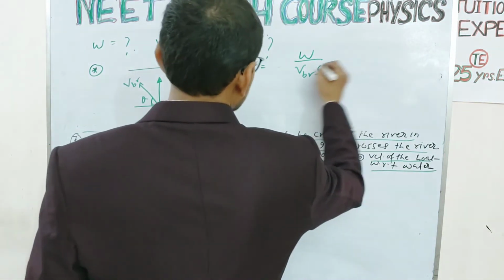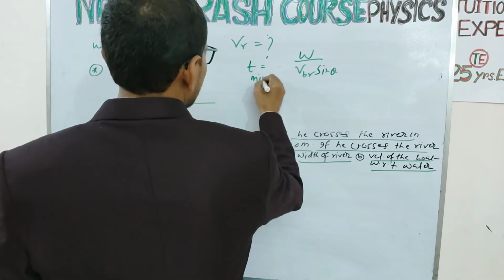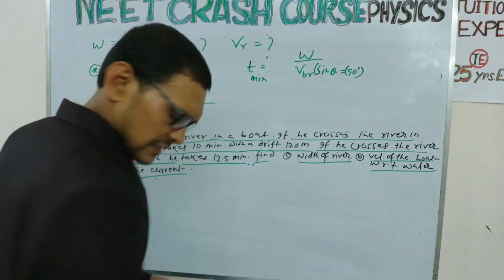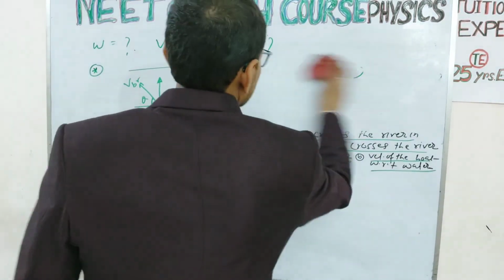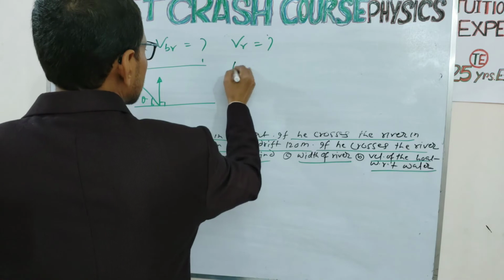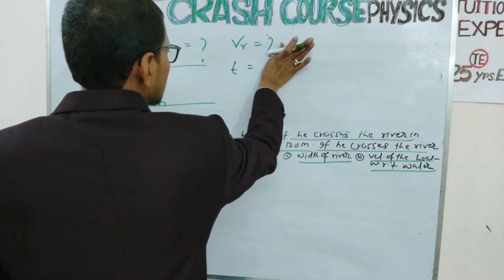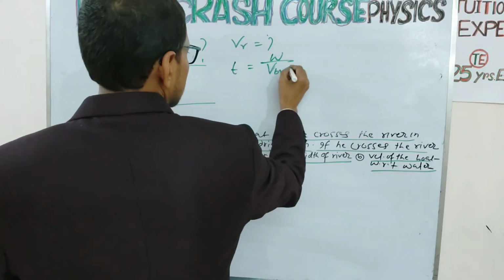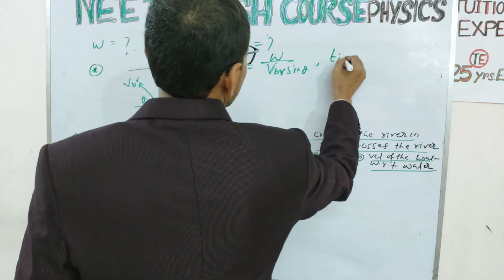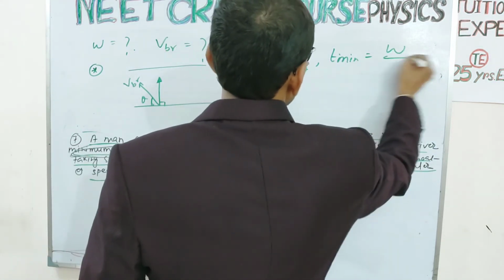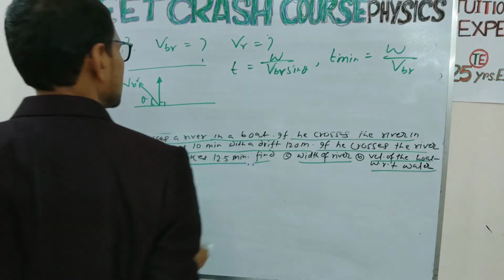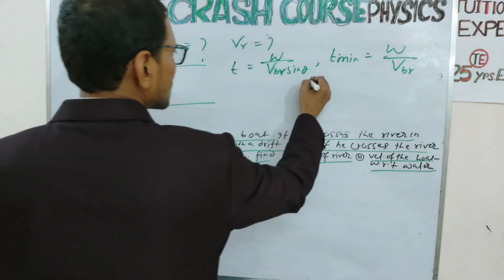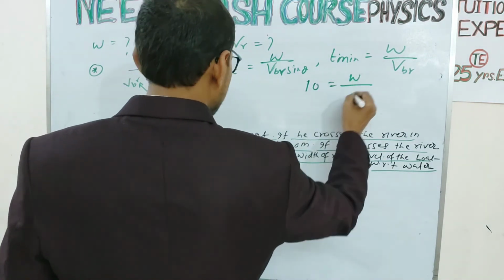That is, T minimum will be W by VBR when theta equal to 90 degree. Now here T minimum is given, T minimum is 10 minutes, so 10 equal to width by VBR.